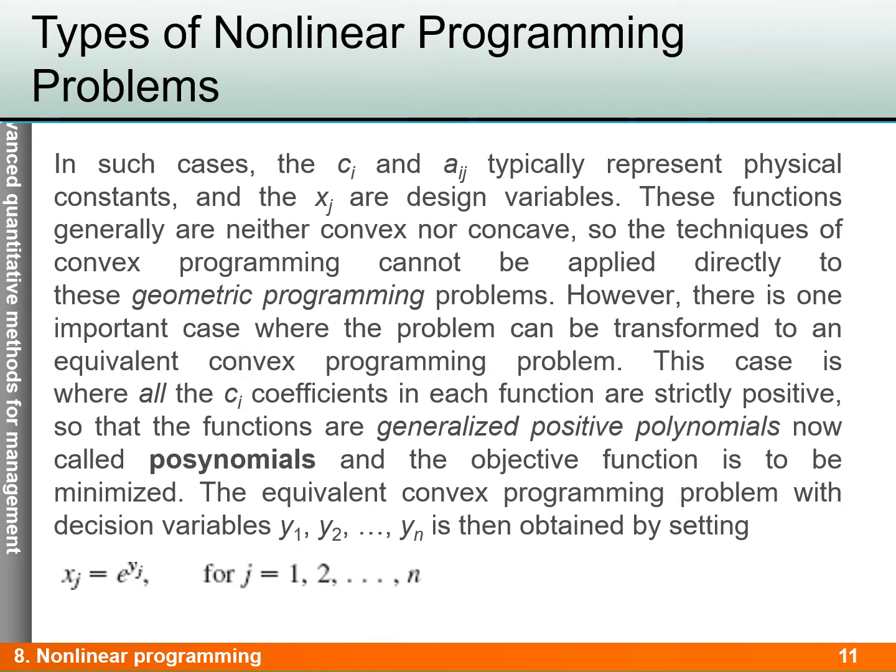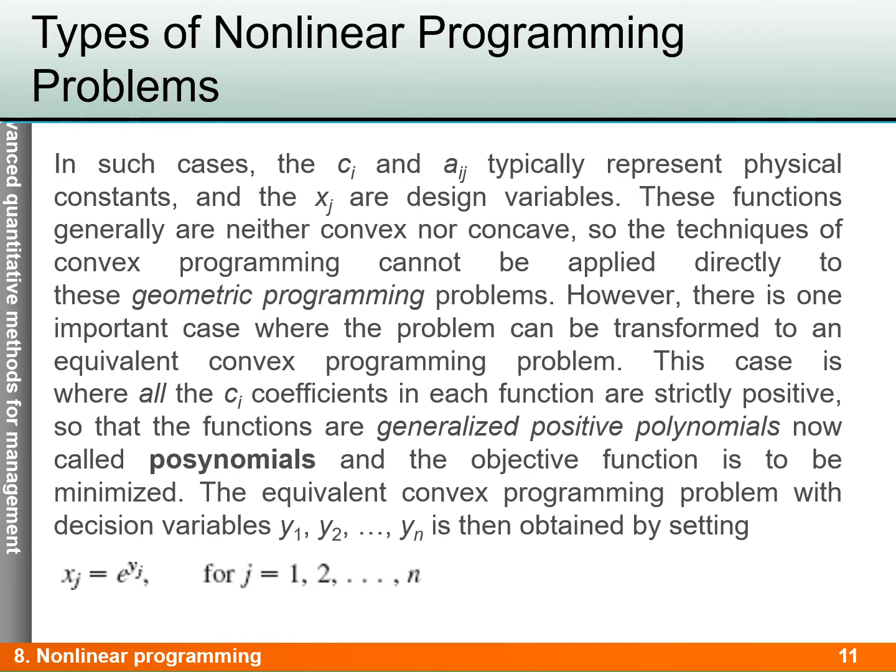This is the case where all ci coefficients in each function are strictly positive. This is very important, so that the functions are generalized positive polynomials, now called posynomials, and the objective function is to be minimized.